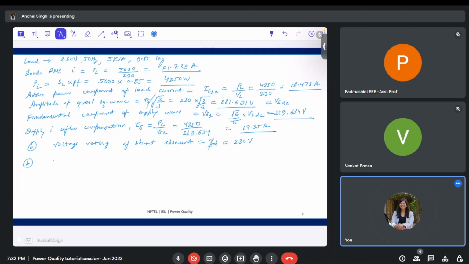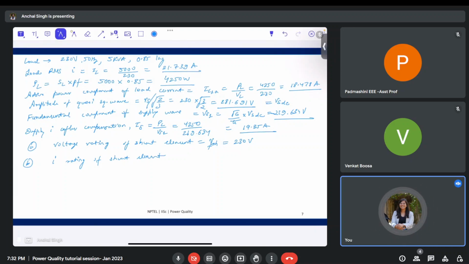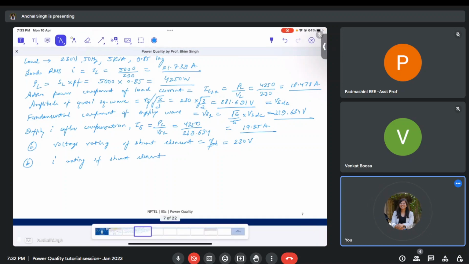Next is current rating of shunt element. Similar to the previous problem, it will again have two parts. One is the reactive current, another one is the active current, right? So let me write down the same equations again.